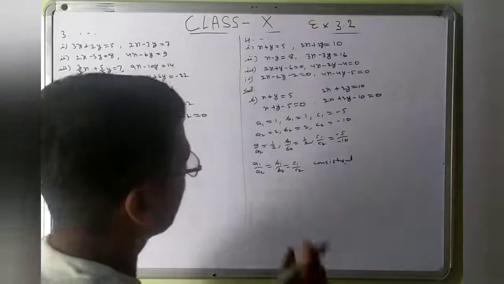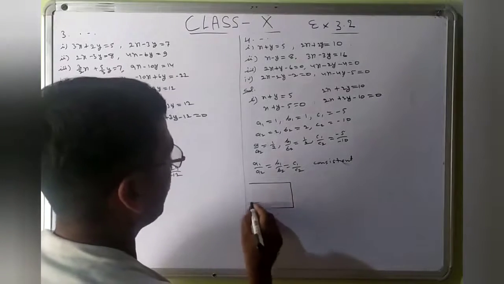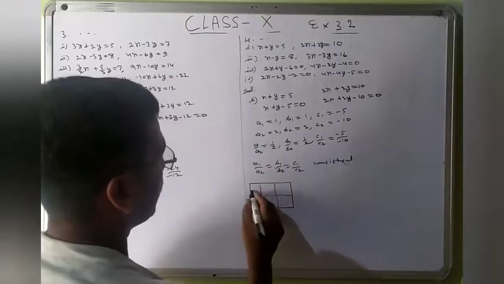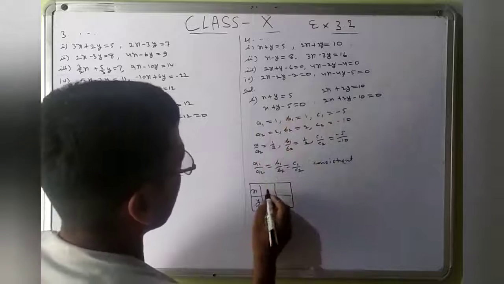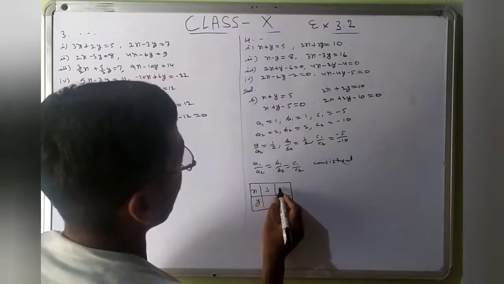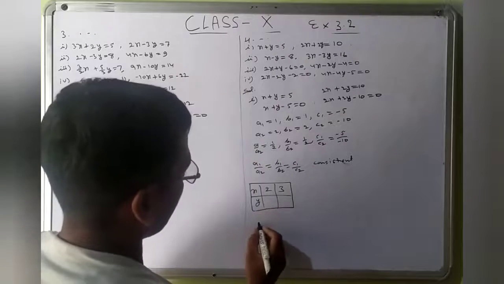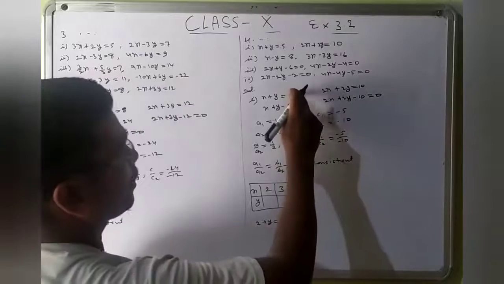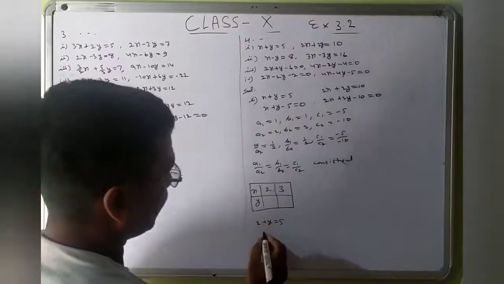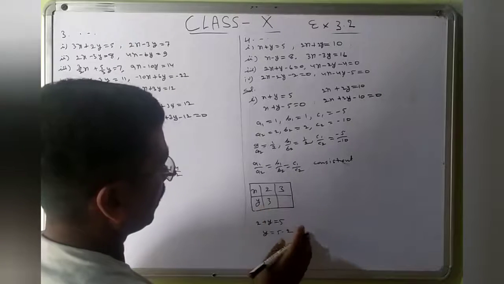Now we will find the answer also. For the first equation, you make a table of x, y. When you place x as 2, y is 3, which is a better value. If you place 2 plus y is equal to 5 in the first equation, so y is equal to 5 minus 2, that is 3.